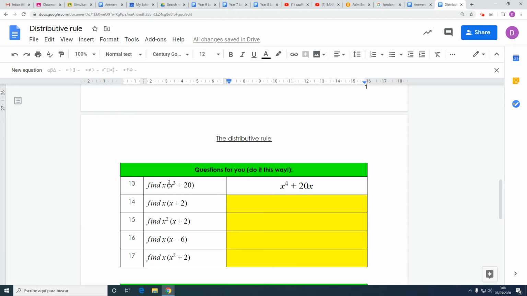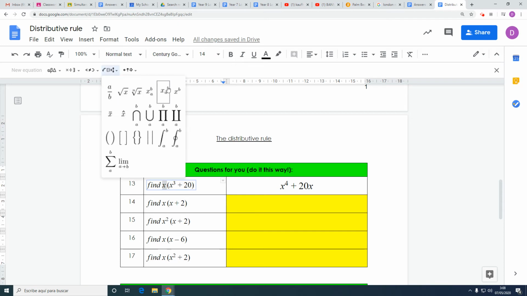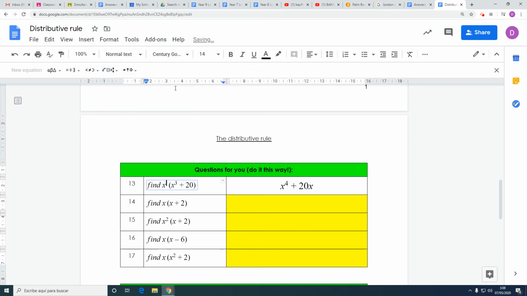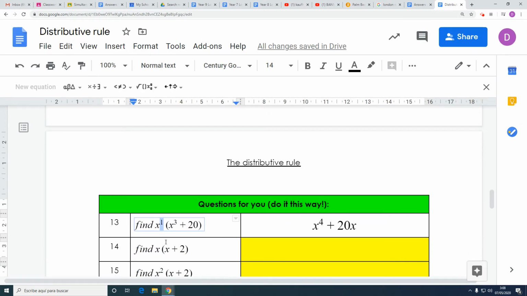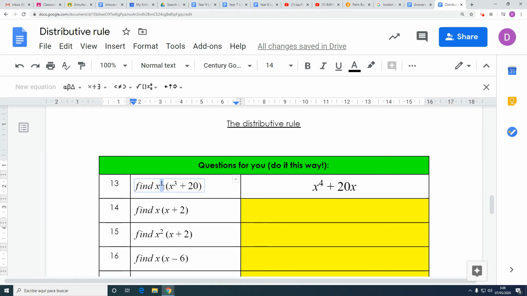So x times x cubed, we could invent a little power to make it easier for us to see, but x to the 1, that's just x anyway. So you won't see that little 1 there. But when there isn't anything, just imagine there's a 1. So add those 2 numbers up, 1 and 3, you get 4.